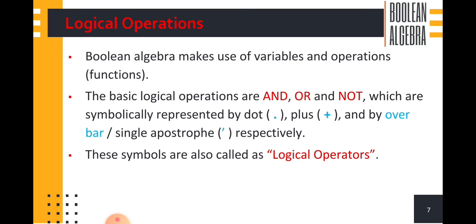The basic logical operations are AND, OR, and NOT. These three logical operations are symbolically represented as follows: the AND operator is represented by the symbol dot, the OR operator by the symbol plus, and the NOT operator by the symbol over bar or single apostrophe.